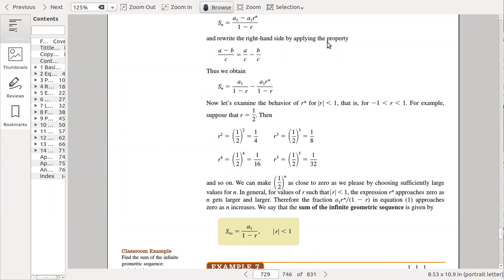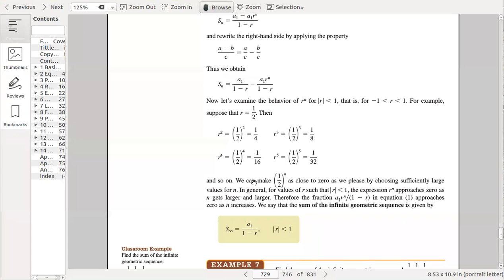So it means if we increase n, the resulting terms are decreasing. Thus we obtain Sn is equal to a1 over 1 minus r.